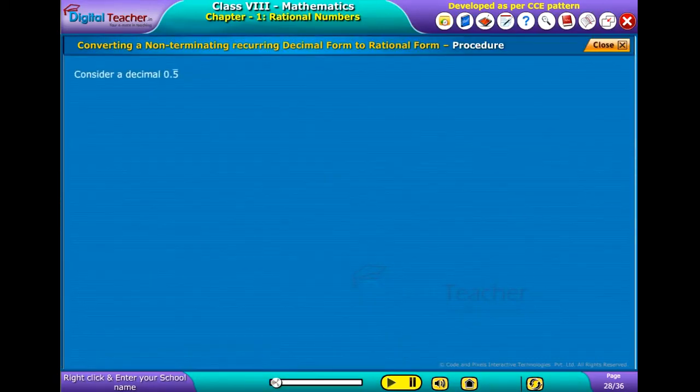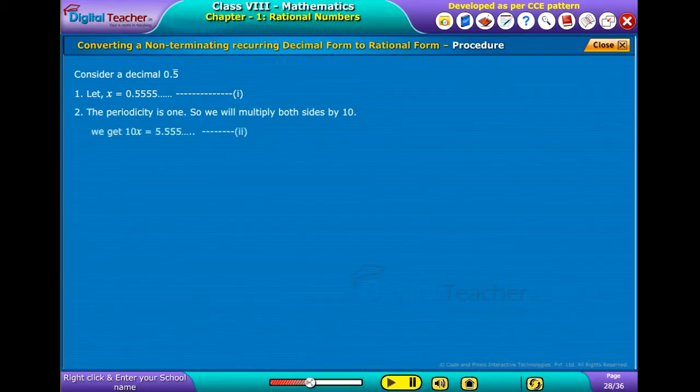Consider a decimal 0.5 bar. Let x equal 0.5555, and so on. Let it be equation 1. The periodicity is 1, so we will multiply both sides by 10. We get 10x equal to 5.555, and so on.